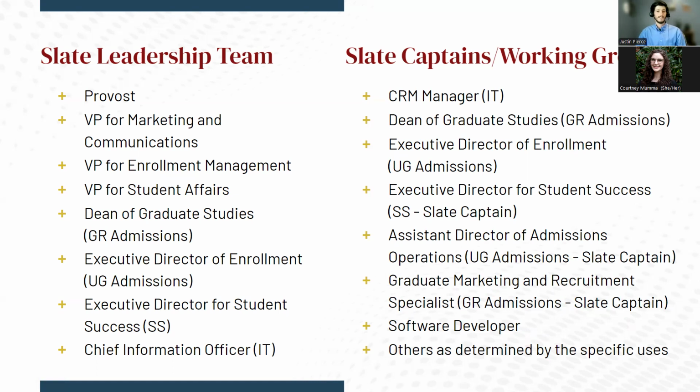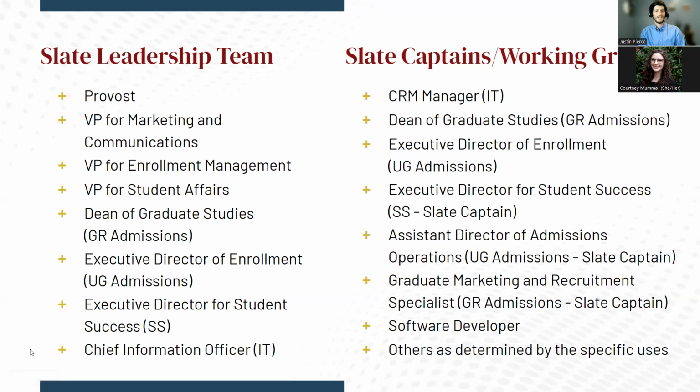And how do these groups look similar in some aspects, deans of different areas, versus how are they different? Who is making big, broad decisions, driving the conversation, and who is in there actually doing the work when those decisions are made, and being the Slate experts, being the Slate captains in that Slate working group. And so having this shared governance and having this multi-level approach is something that worked for them and that they wanted to share with others.